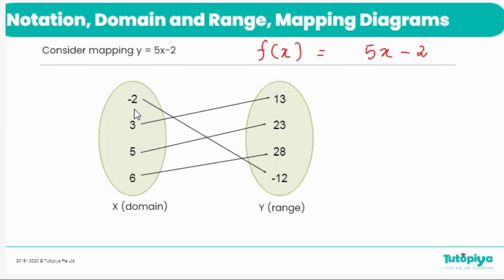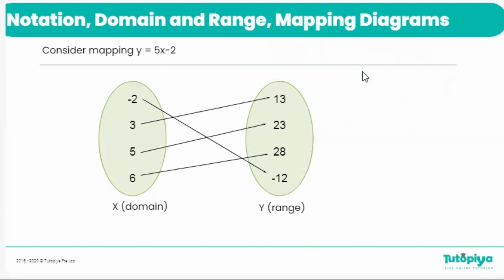So if I use -2 in this equation, I would be able to work this out. So 5 times -2, take away 2. So this is going to be -10, take away 2. I'm going to get the answer of -12. So the element -2 from my domain maps on to the element -12 from my range.